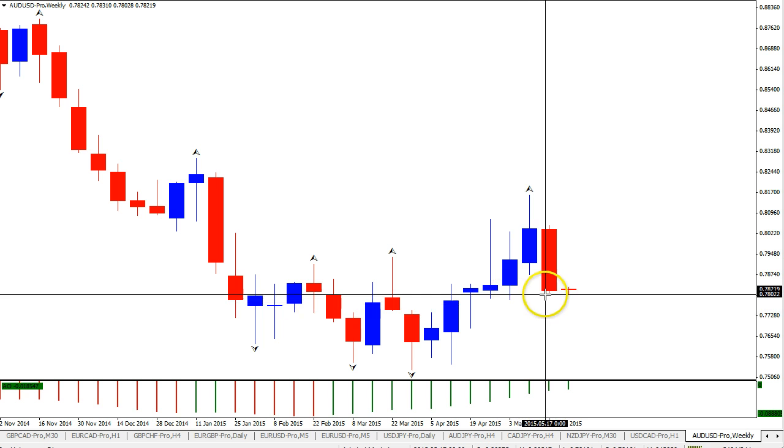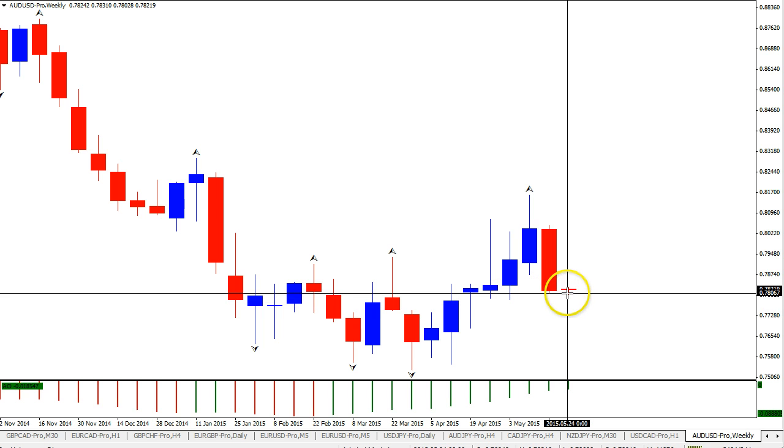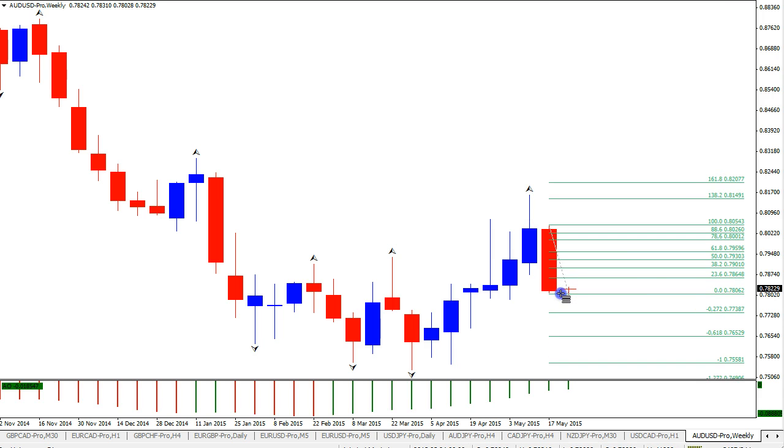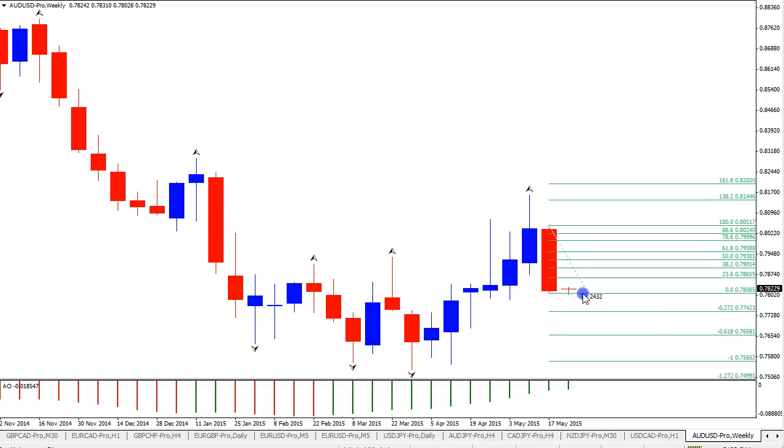Typically, the low gets broken, so I wouldn't be surprised if we put a fib from top to bottom like this, that the -272 target of that big bearish candle would be a bouncing spot at around that 77.50 level. As I said, 77.40 is the -272 target. So that's where I would be expecting the bounce back up, at 77.50, 77.40.